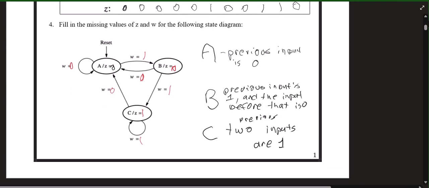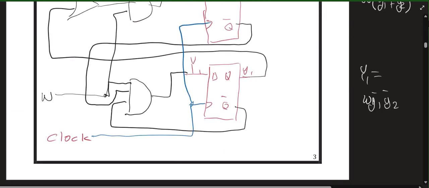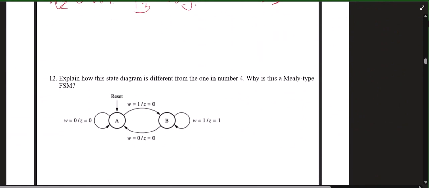Where did we put the output? In the circle, because the output depended only on the state we were in. Here, we put the output with the little arrow because it depends on the input as well. So each arrow is going to have both the input and the output on it.